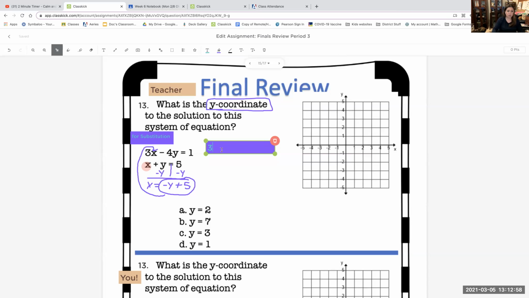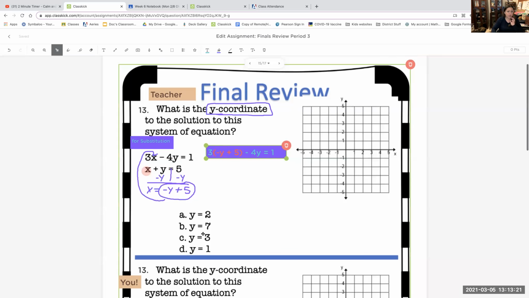So 3, oops. Now I change it back to the y, so the red, negative y plus 5 minus 4y equals 1. So notice now I have all y's, so that would help me out here. If I wanted x's, why isn't it 5y?